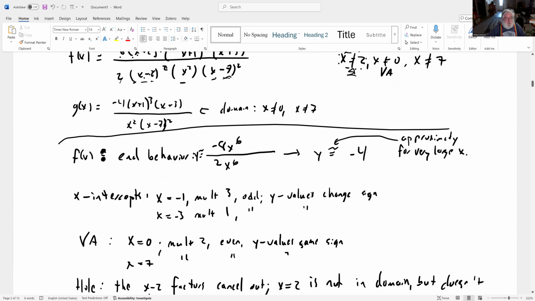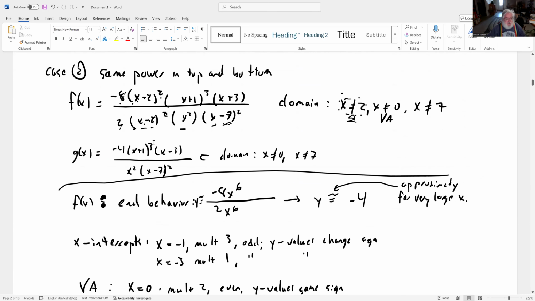Well, once we cancel out the x minus 2's, we get this function.